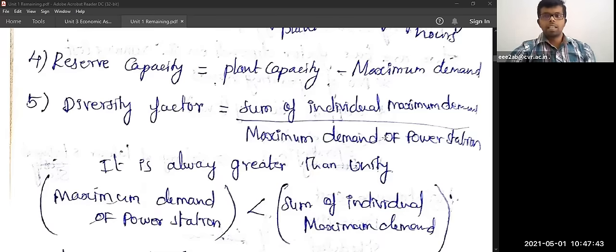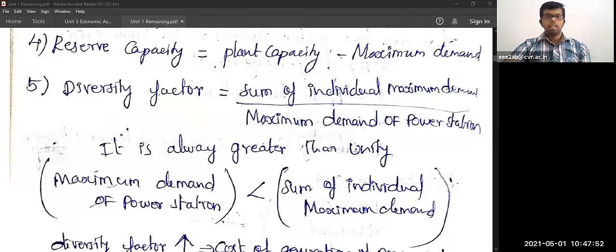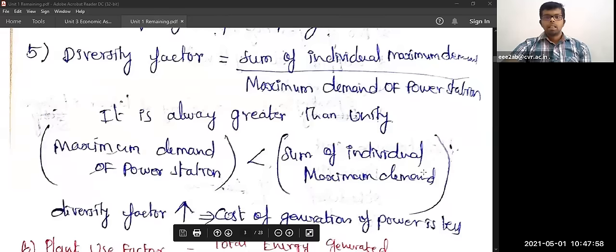So this diversity factor is always greater than unity. That is because the maximum demand of the power station is less than the sum of individual maximum demands.